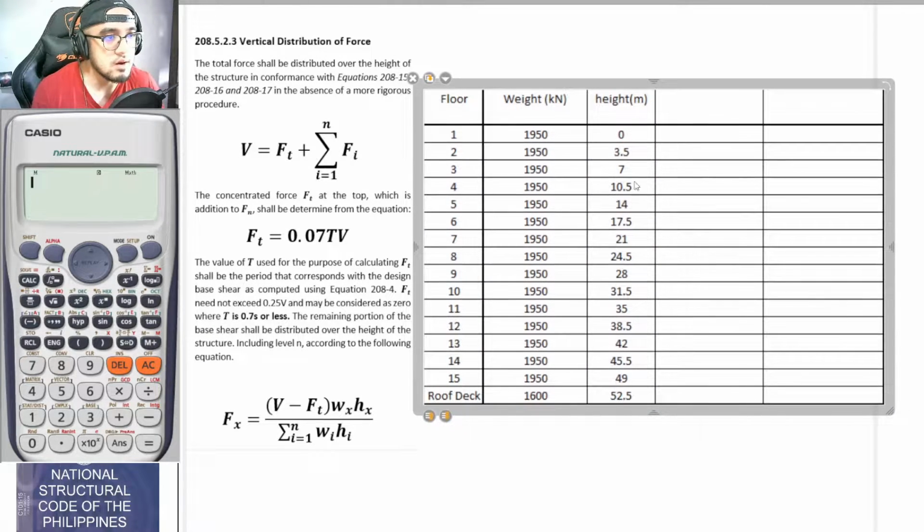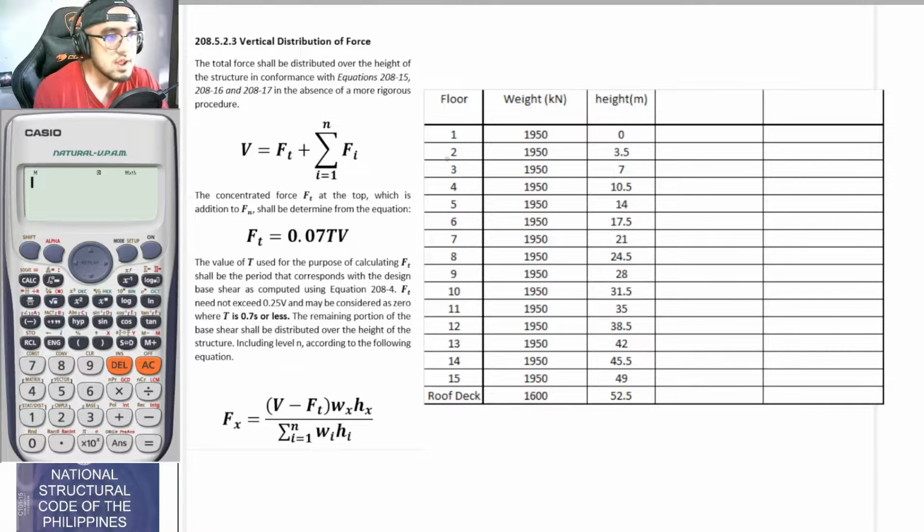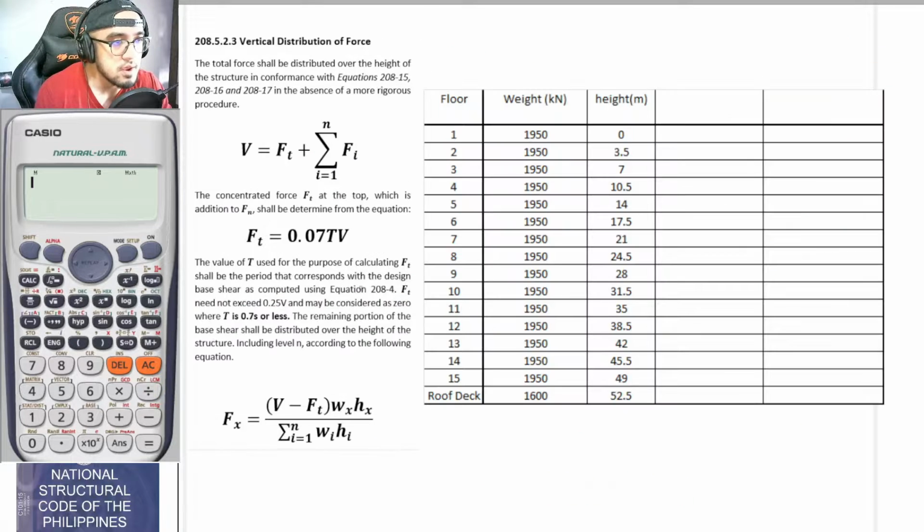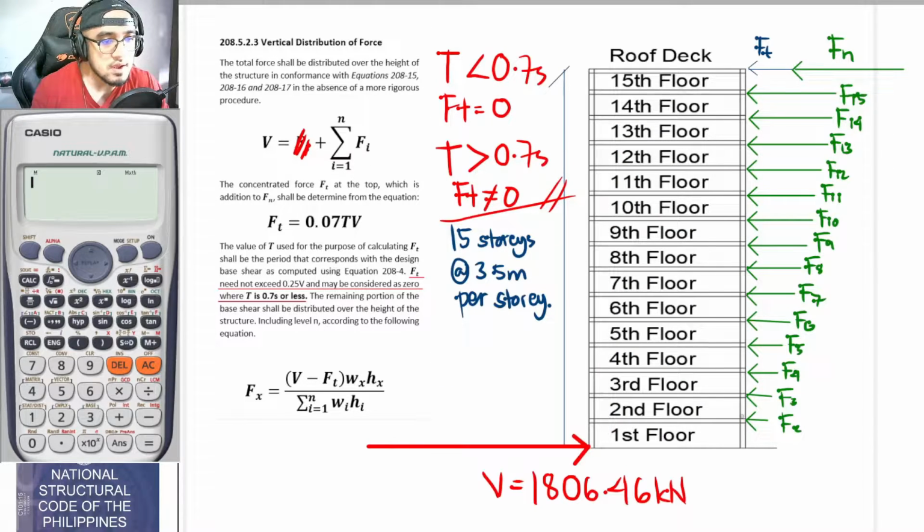As you can see, for the first floor, its weight is 1,950. And for the height, since our first floor is located at the ground level, its height is equal to 0. As for the second level, it is located here, which means its height is equal to 3.5.